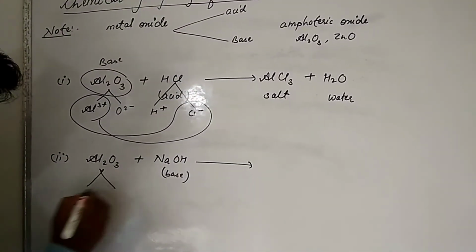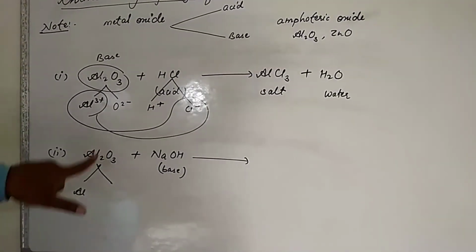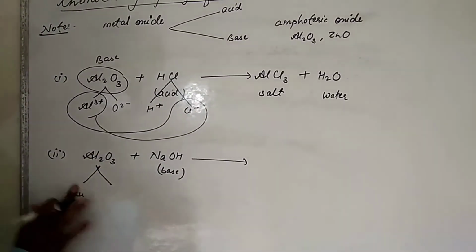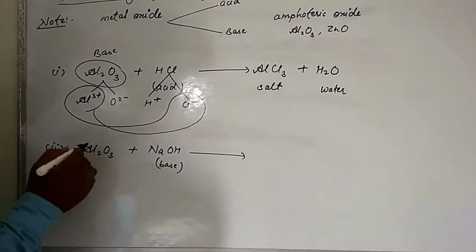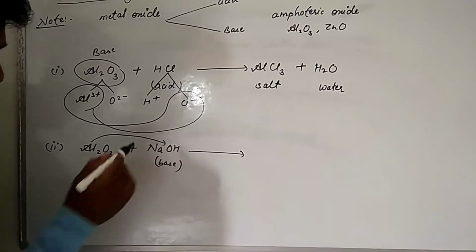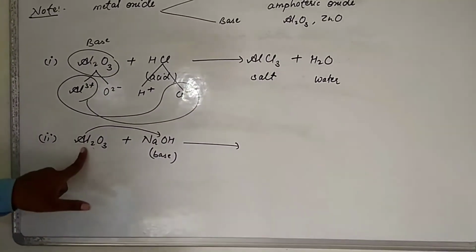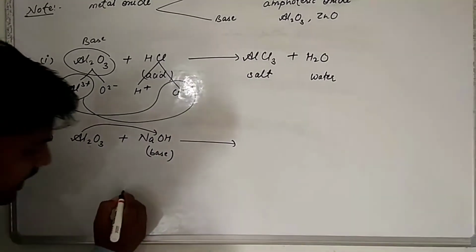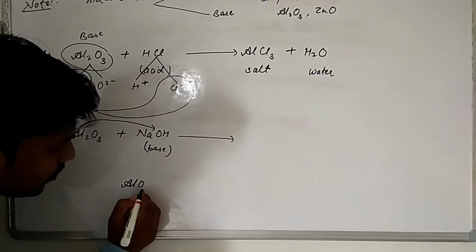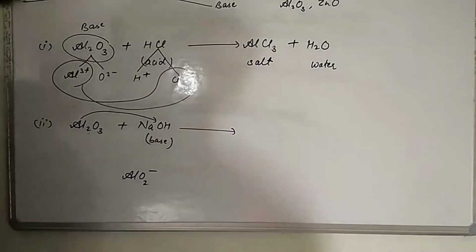Separate into their ions. Aluminum Al3 plus, oxygen 2 minus. But children, keep in your mind, this aluminum is first oxidized with this oxygen and forms the radical aluminate. Clear?